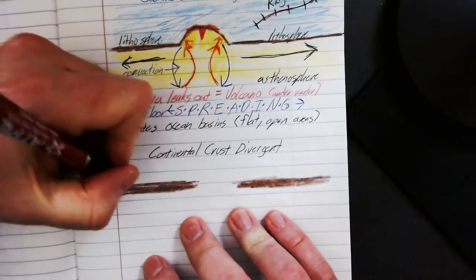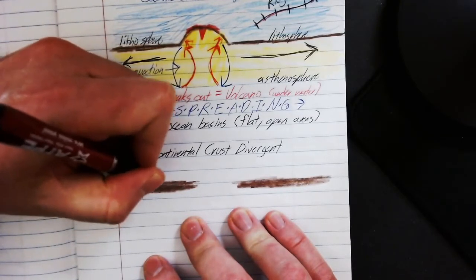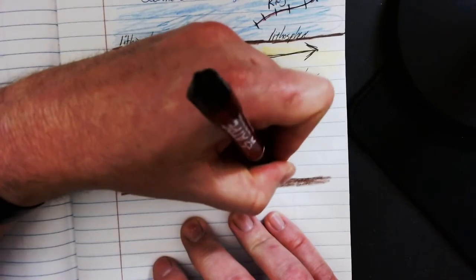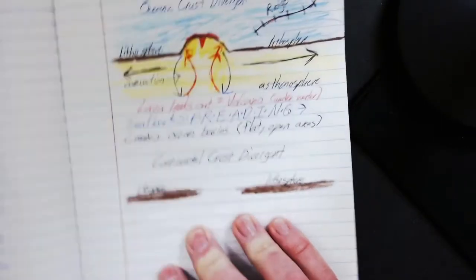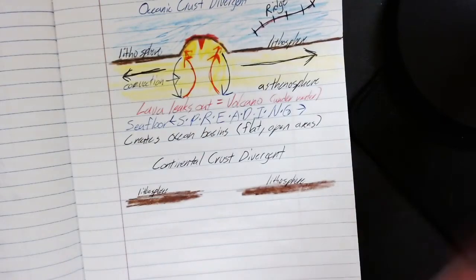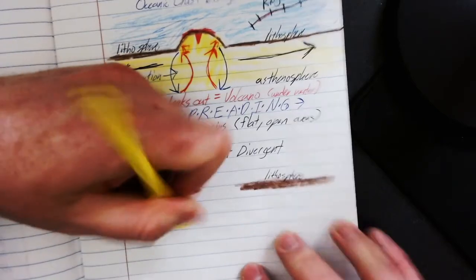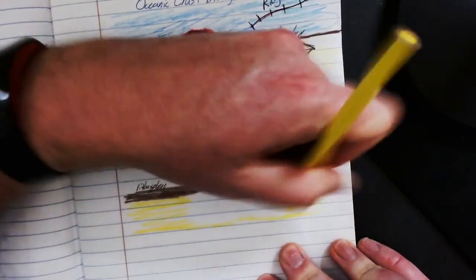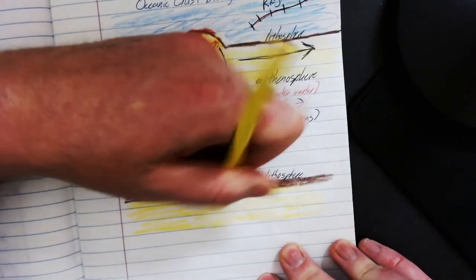And we know that this is a lithosphere. And this is a lithosphere. Again, go back to layers of the Earth. What is underneath the lithosphere? You have this asthenosphere. It's the same layers. You've got your asthenosphere here.